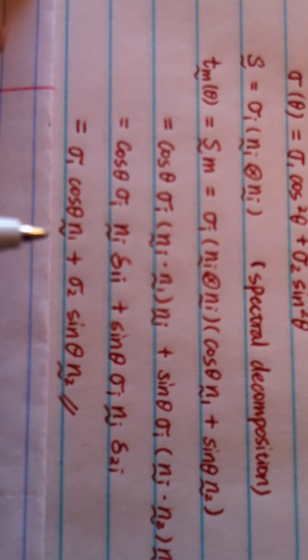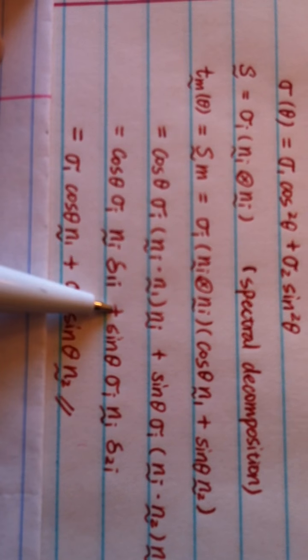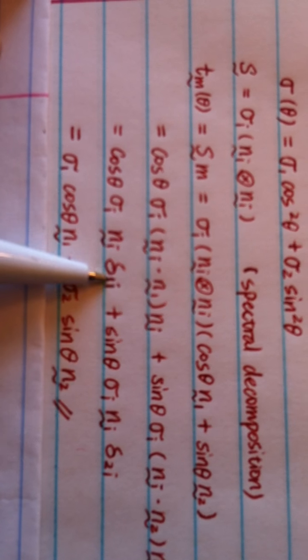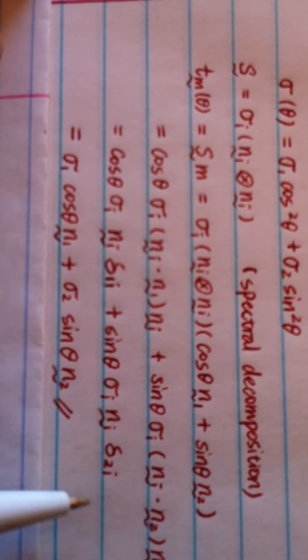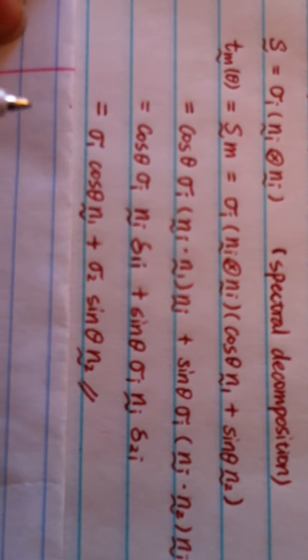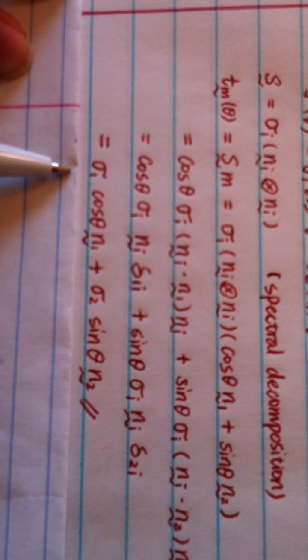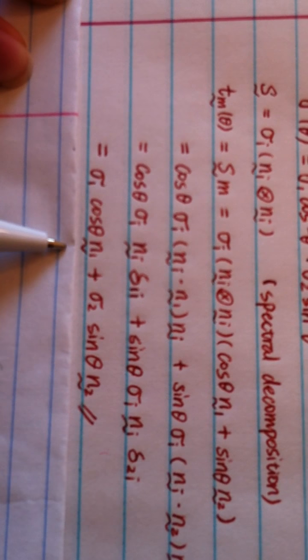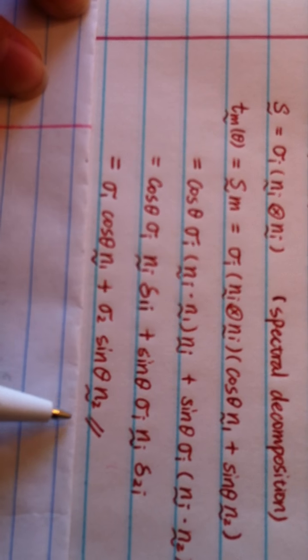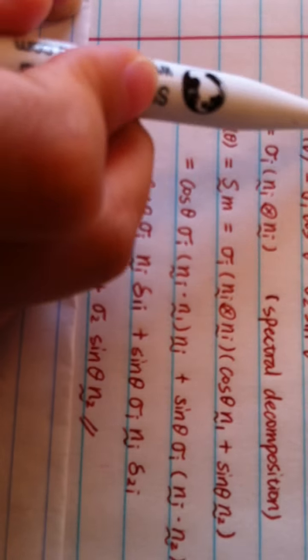We know that this term is non-zero only when i equals 1, and this term is non-zero only when i equals 2. So we have the equation as sigma 1 cosine theta n1 plus sigma 2 sine theta n2. And that's for part 1.